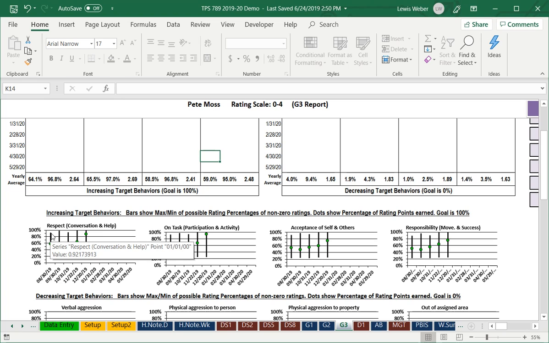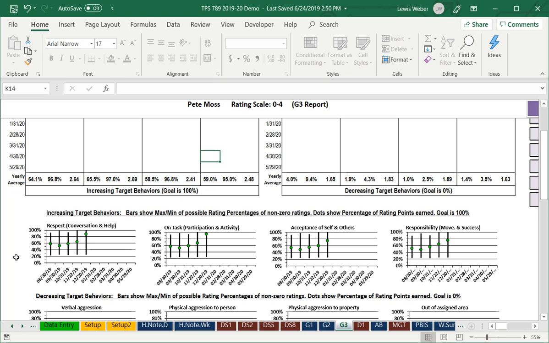And the reason is because of the zeros that were earned. The bar can't go to the top, because as we remember from occurrence, in this case, 92% of the recording blocks had a non-zero value, but it turned out 7.8% did not. 7.8% had zeros.